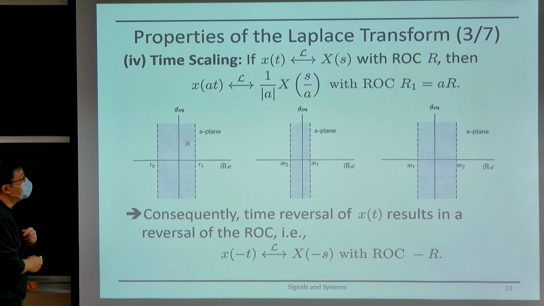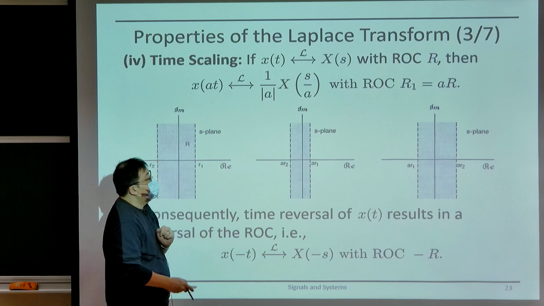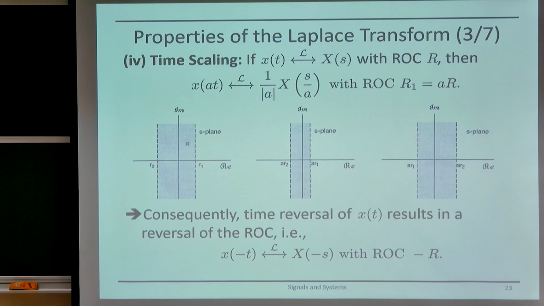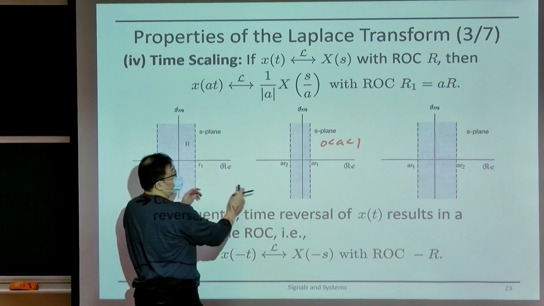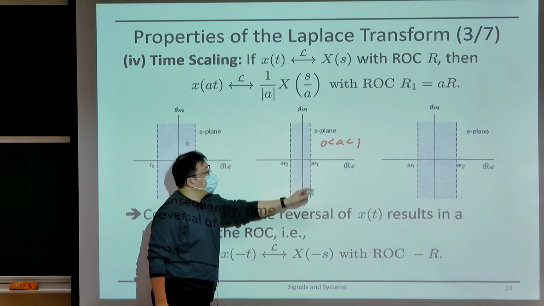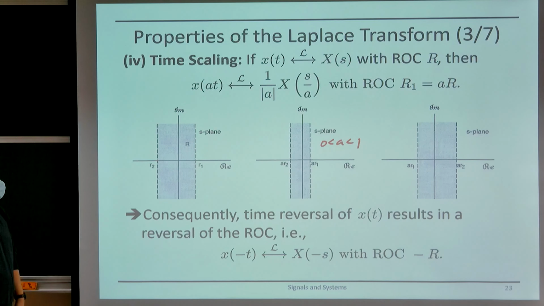Suppose that this is the original region of convergence, and if you assume that a is between 0 and 1, then your new region of convergence will be shrunk, from R2 to R1 scaled by a. Now, it's possible for a to be a negative value.